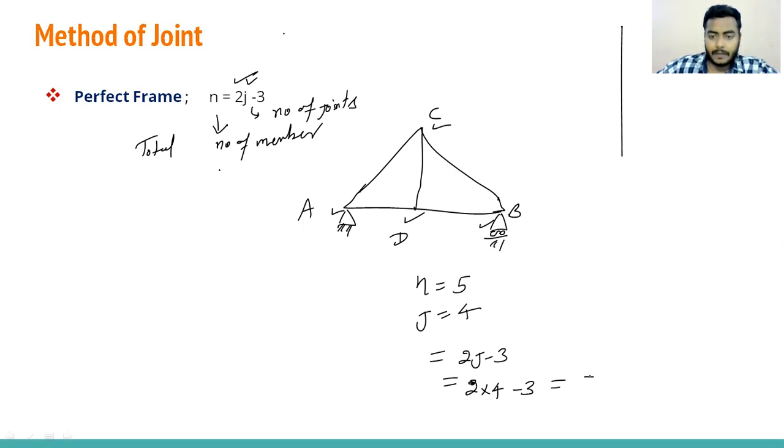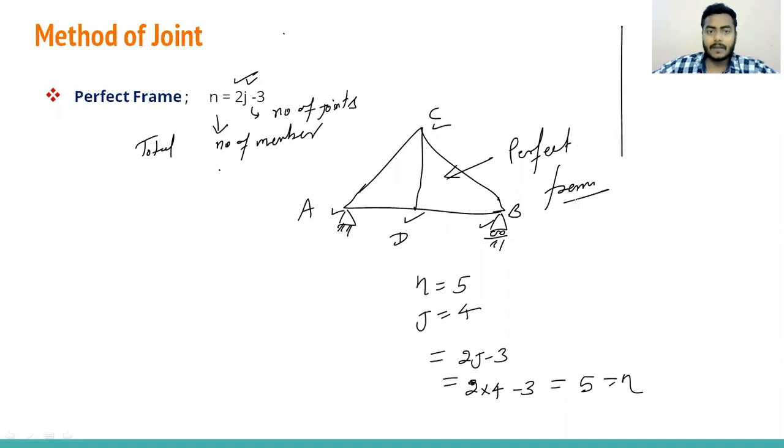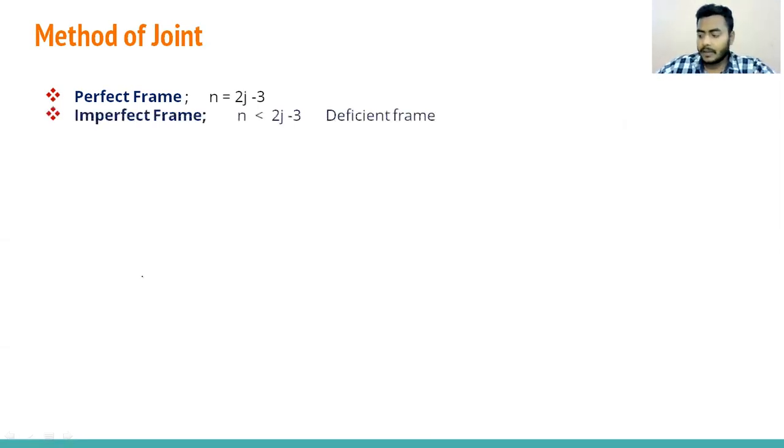We are getting 5, which is n. It means we can call this frame a perfect frame, right? If n is not equal to 2j minus 3, then we call it an imperfect frame.